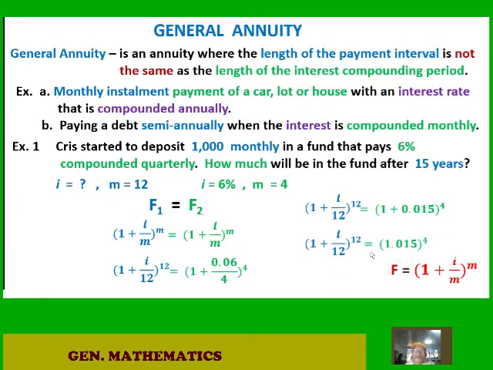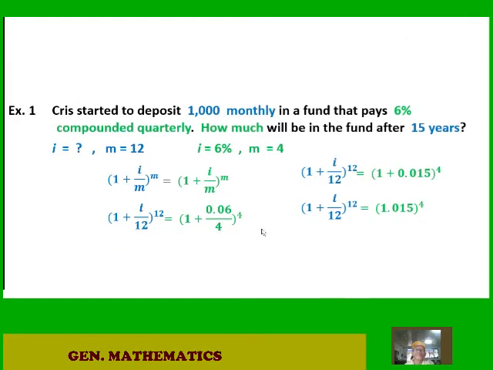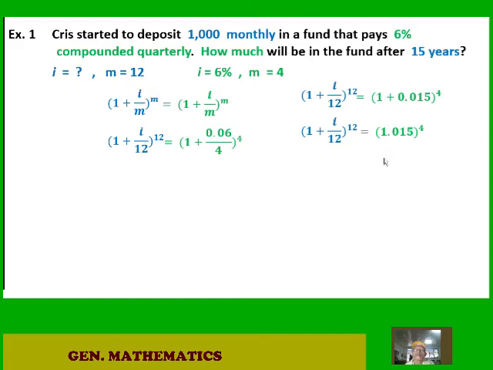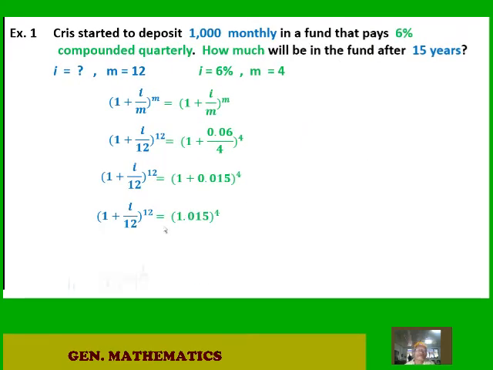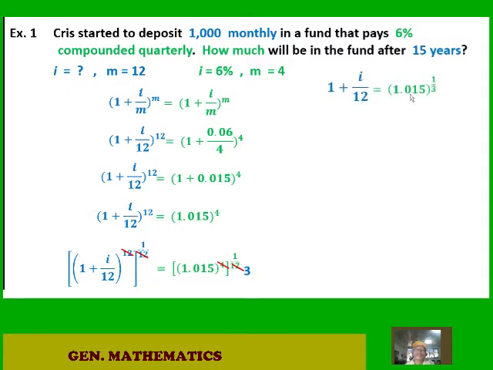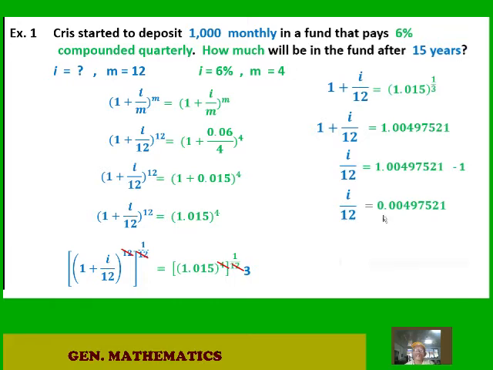combine and raise to the fourth power, or raise both sides of the equation by 1 over 12, so that we eliminate this exponent. This is reduced to 1 over 3. So extract the cube root of this number, then transfer 1 to the right, becomes negative, then subtract, then cross multiply 12.